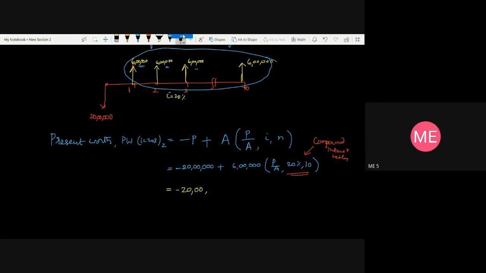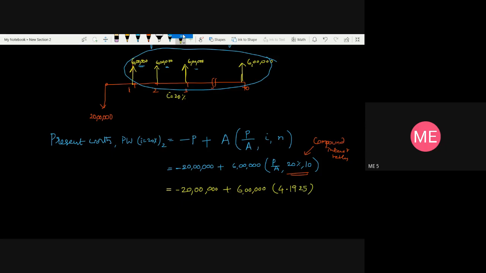I have got, if you look at the table for I equal to 20% and N equal to 10 years, I'll be getting around 4.19. In the previous problem also we had taken the P by A for 20%, 10, so that is also the same. So here also I'll be getting 4.1925.